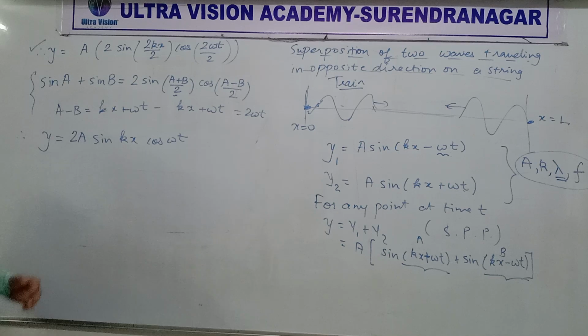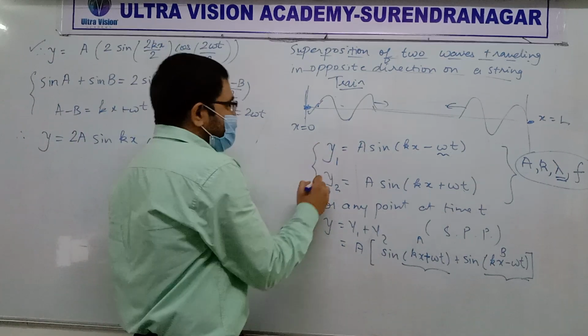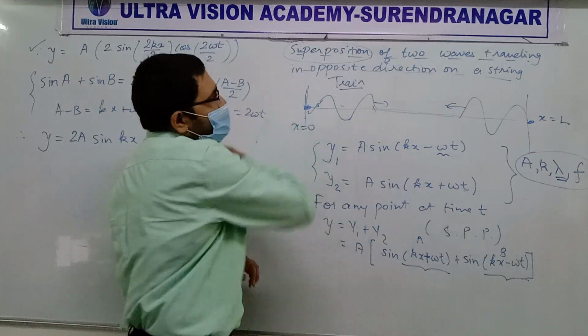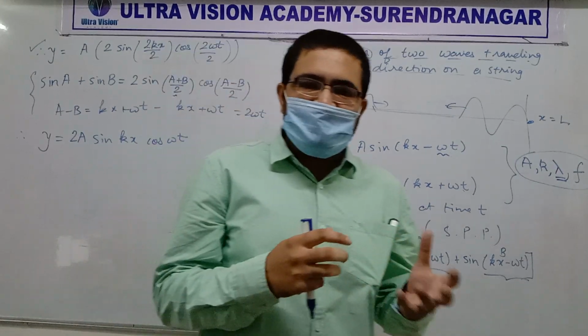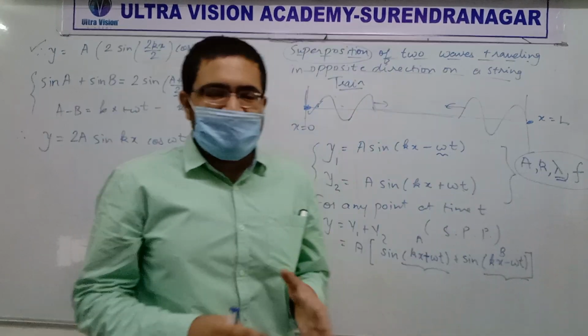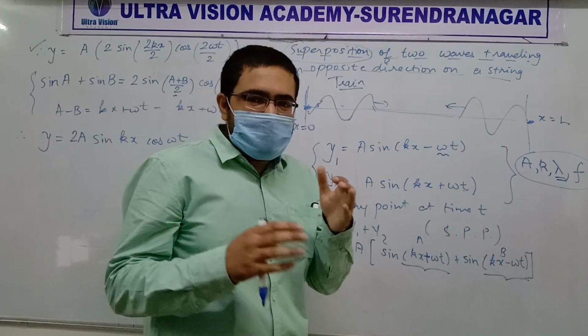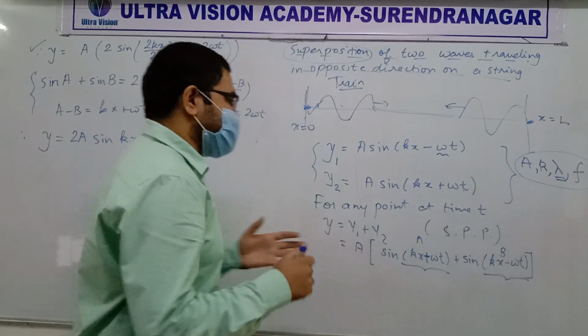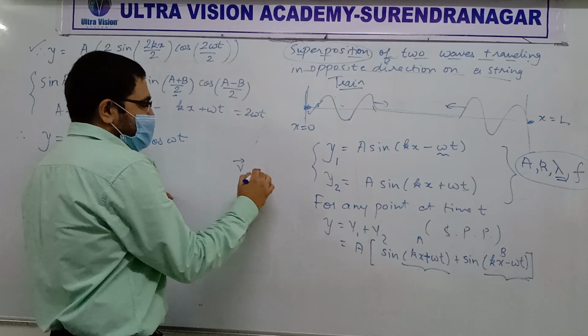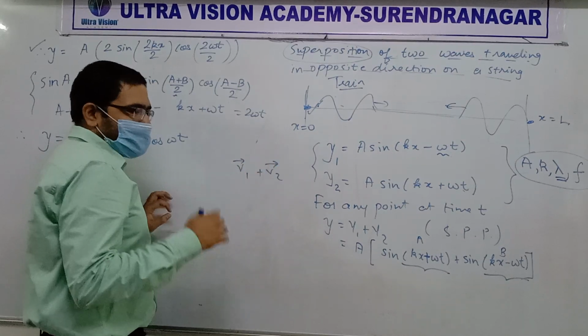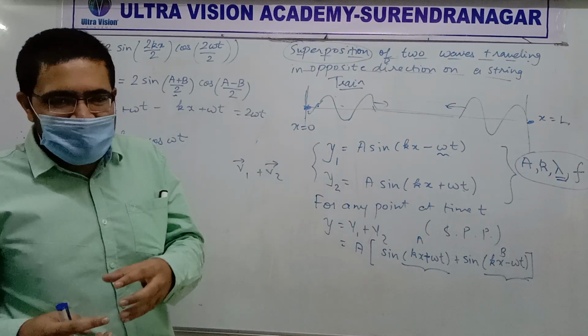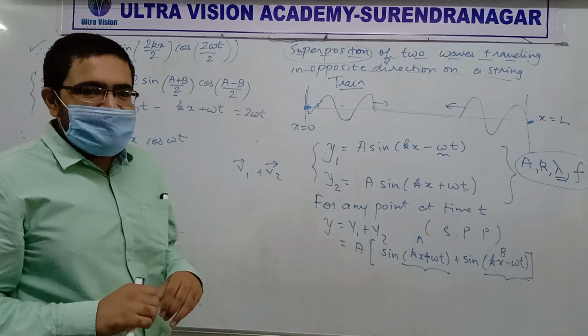Now we know that when two waves superimpose or superpose, the result is also a wave. This is a fairly simple idea, because this is what we have been doing. Addition of two velocities is a velocity, isn't it? Subtraction of two velocities is a velocity. Correct or not?